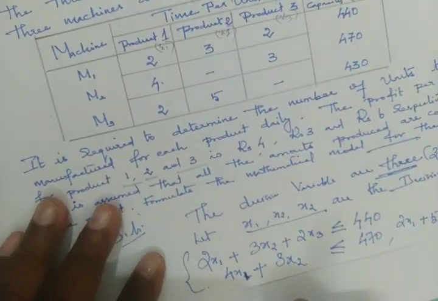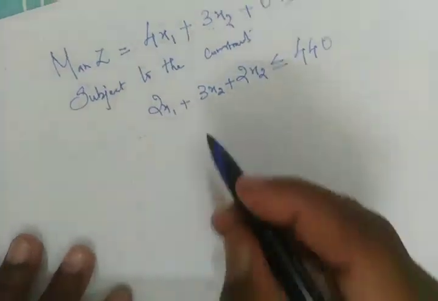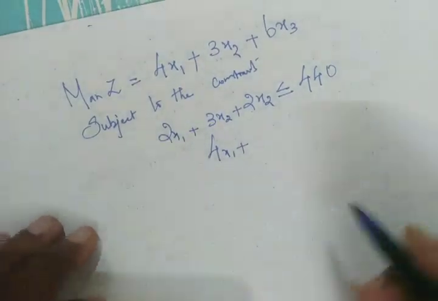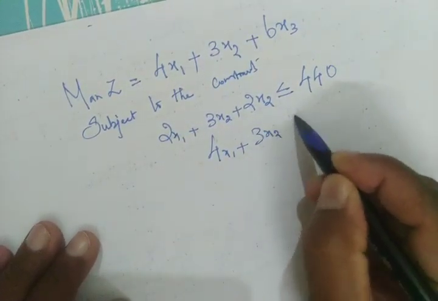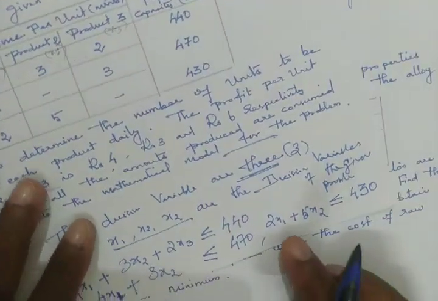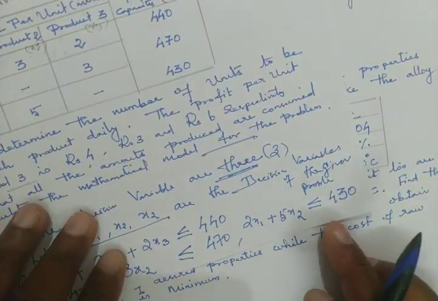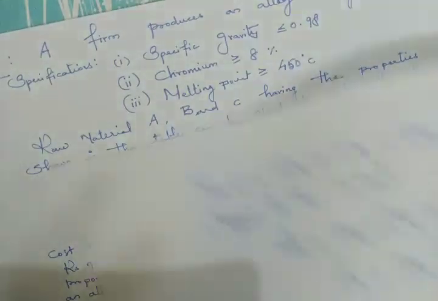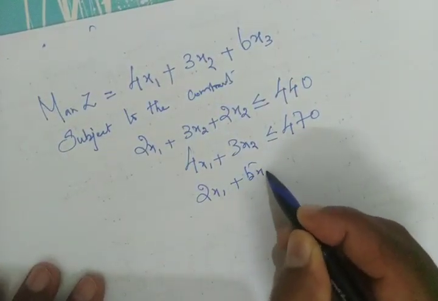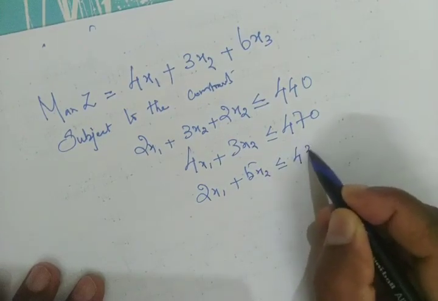The second constraint is 4x1 plus 3x3 less than or equal to 470. The third constraint is 2x1 plus 5x2 is less than or equal to 430.